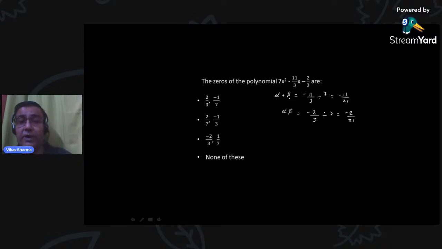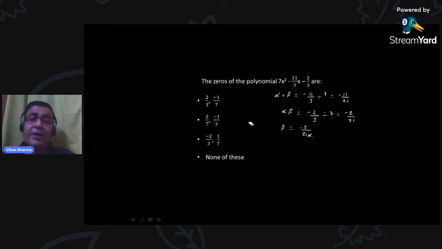Now we can take the value of alpha as anything. If alpha beta is minus 2 upon 21, we can say that beta will be equal to minus 2 upon 21 alpha. Putting that value in, it will actually become more complicated if we do it like this.